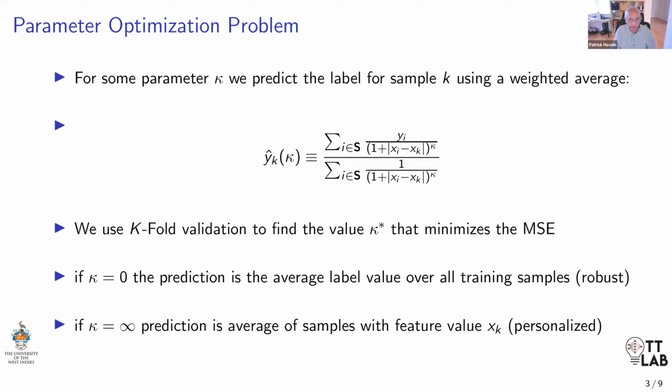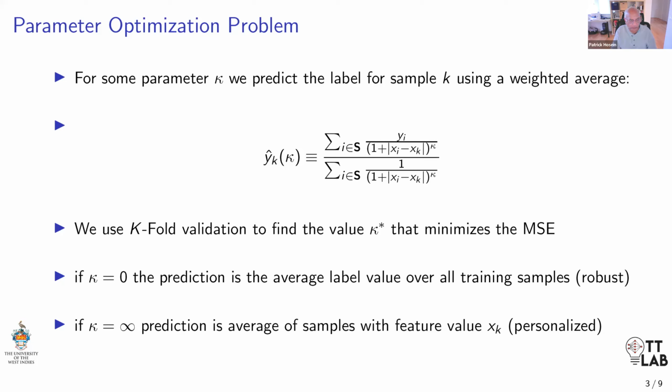To get kappa, we use k-fold validation, measure the mean square error for a given kappa, vary that kappa, and see what value gives you the lowest mean square error.